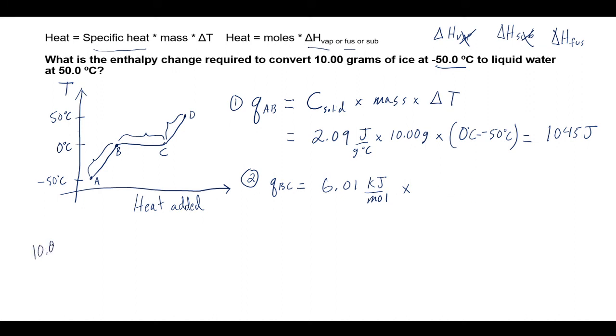You can go through and actually convert 10 grams to moles. I hope you can. The molar mass here, we'll just use 18 grams per mole for water, and I get an amount of 0.556 moles of water. So that's what I want to use here because that is my amount of water.